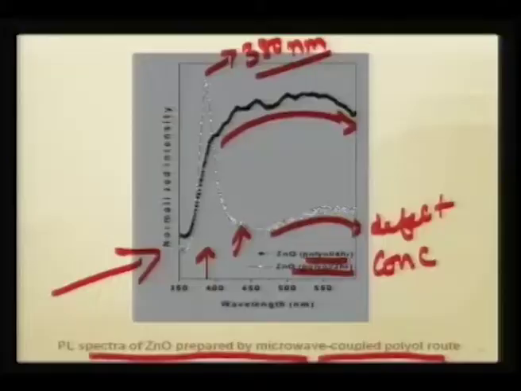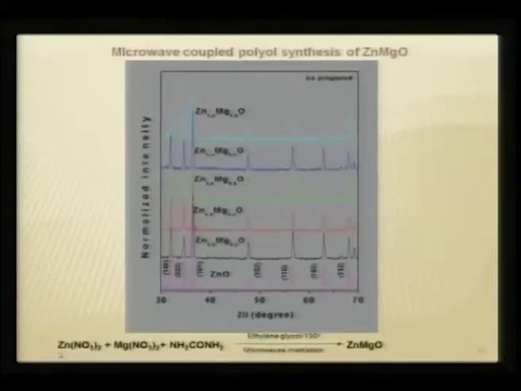So, something has to be done, and we can also look at what could be the influence if you dope it with magnesium on the other hand. So, this is a microwave coupled polyol synthesis of zinc magnesium oxide. Now, from zinc oxide with this minimum chemistry and with this minimum information on the PL, we can try to see what is the effect when you dope it with magnesium oxide.